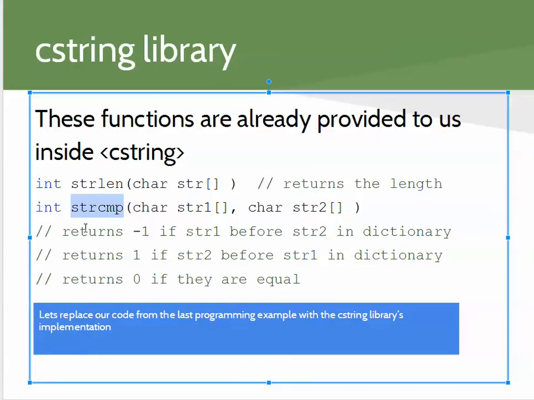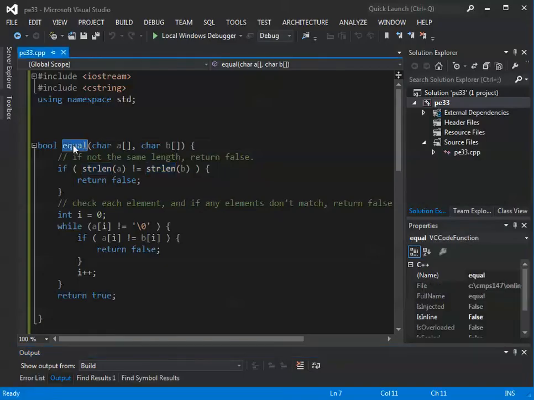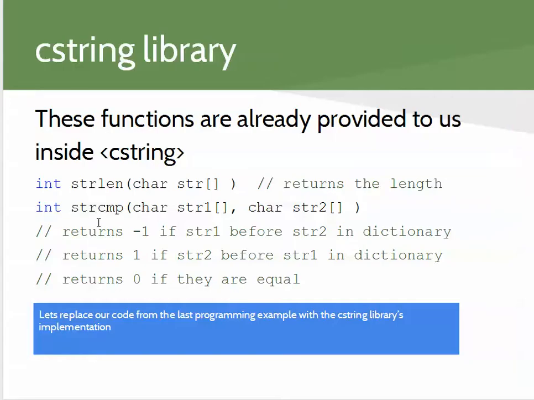There's a function called string compare, strcmp, which takes two character strings, just like our equal function. However, it doesn't return Boolean. And this is a little bit confusing the first time you see it. Instead of returning true or false, strcmp isn't simply checking whether they're the same. It's trying to determine how they compare against each other in a dictionary.